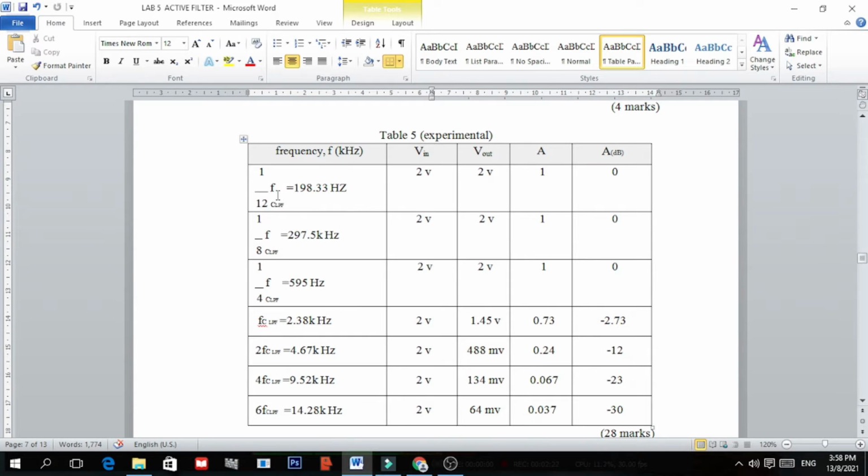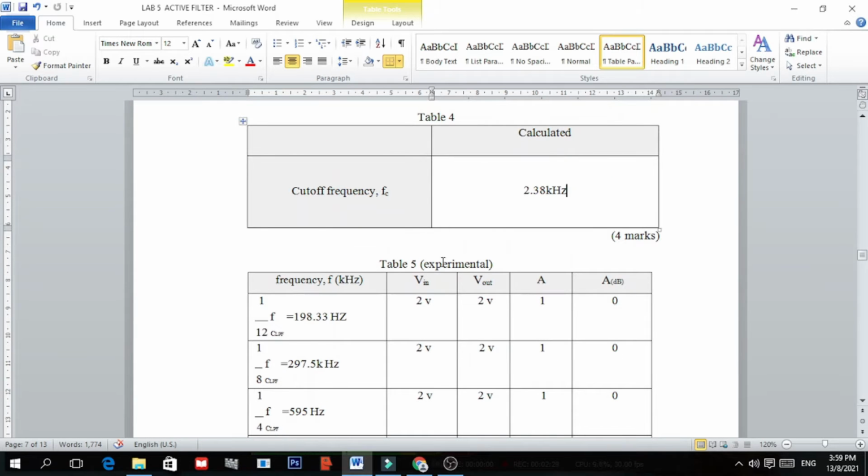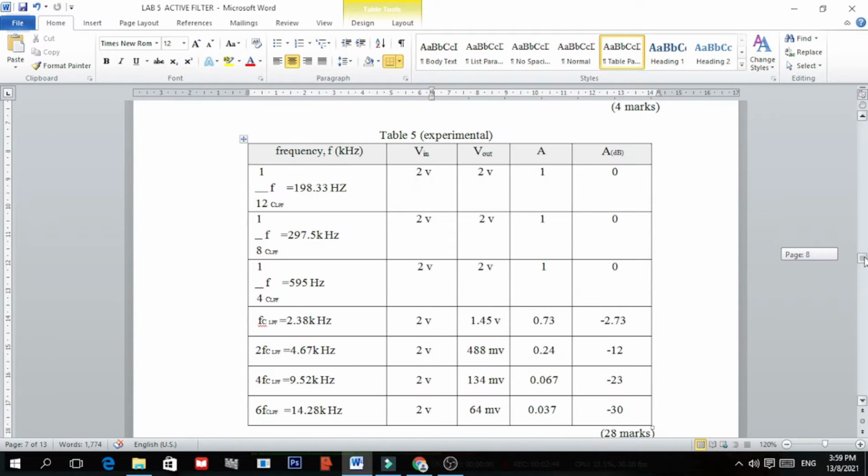As for this value, I should multiply by the value of 2.38, so 1 over 12 times 2.38 kilohertz. So I got these values here. As for the Vin, it is constant from the procedure, that is 2 volts.